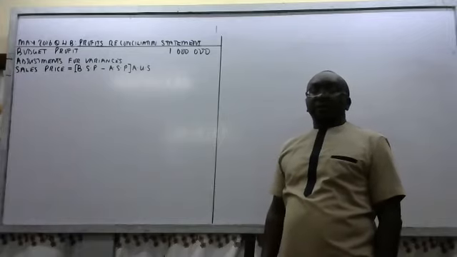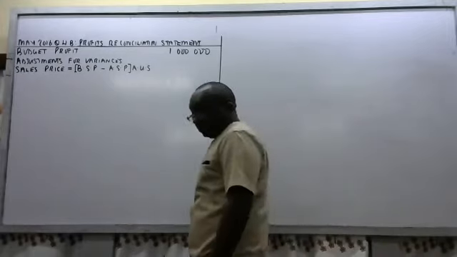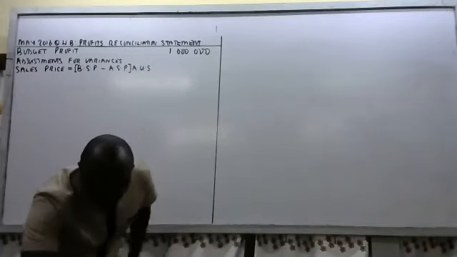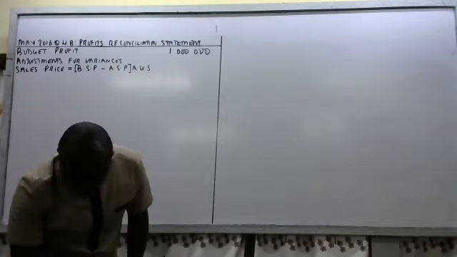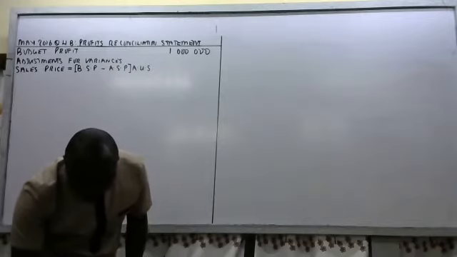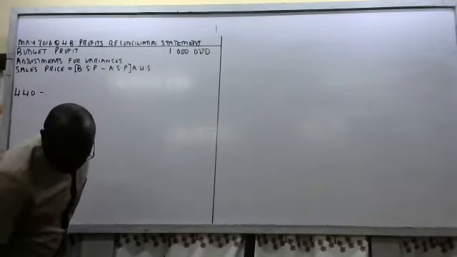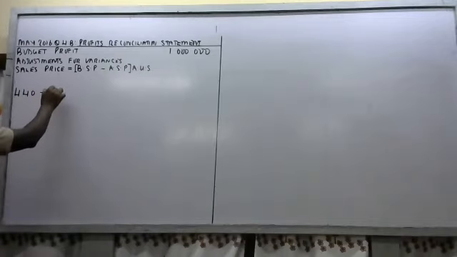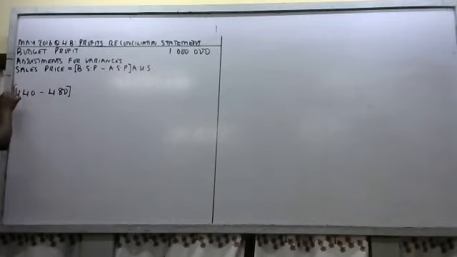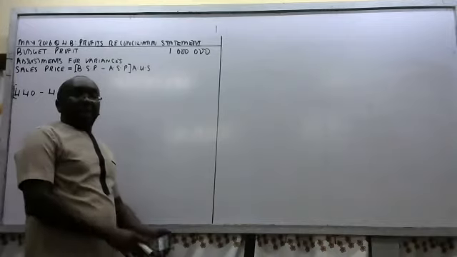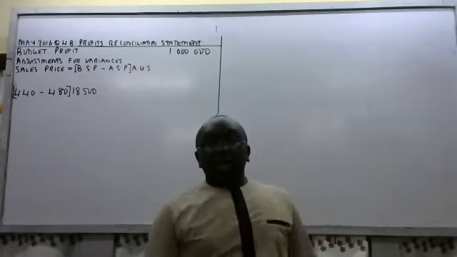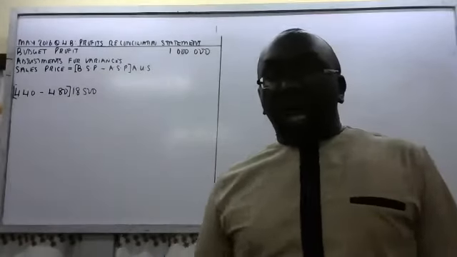So according to our question, the budget selling price was 440, and the actual turned out to be 480. And the actual units sold, they were 18,500. So let me get the answer from you, and you tell me whether it is favorable or adverse.